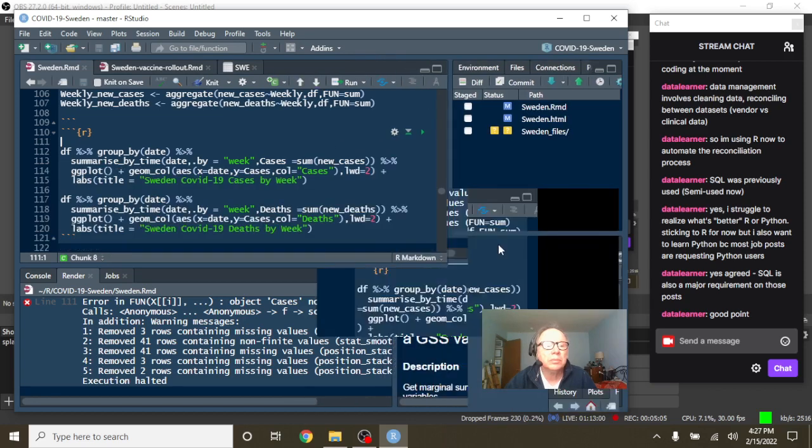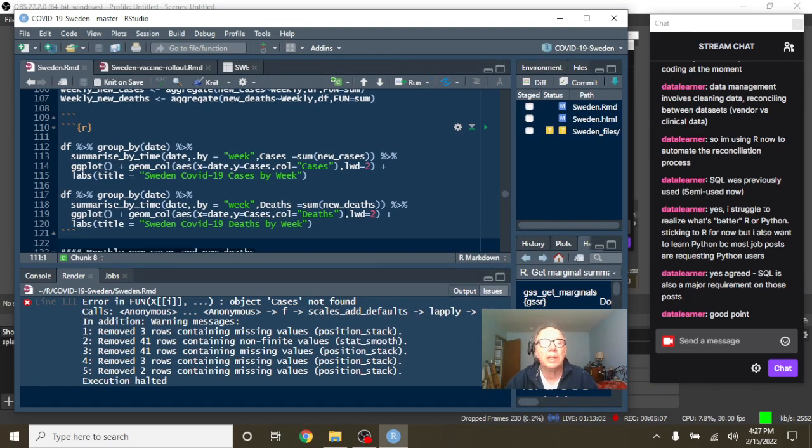Oh no. Object case is not found, row 111.